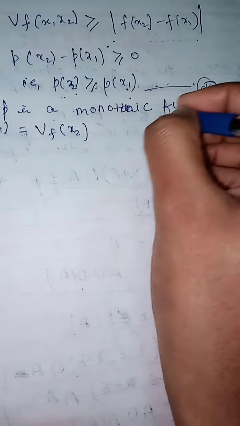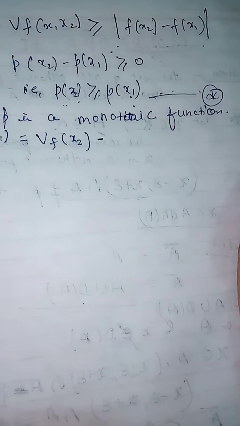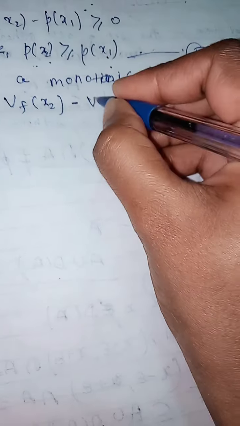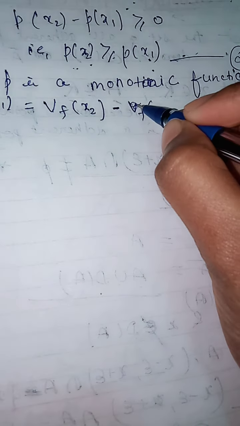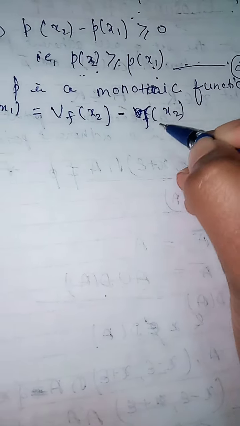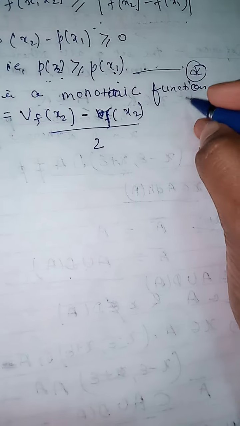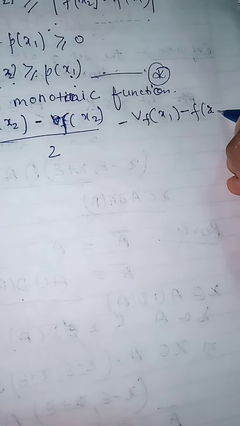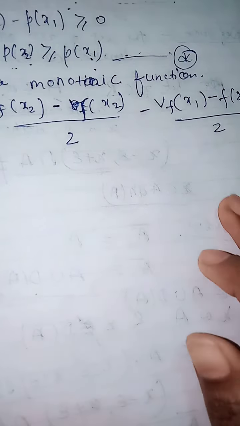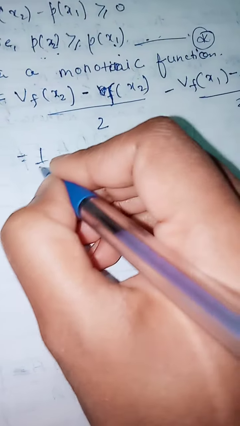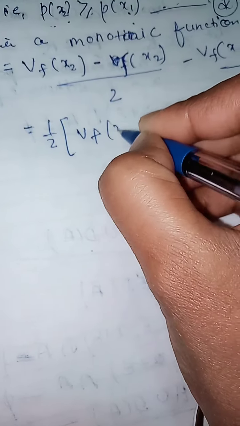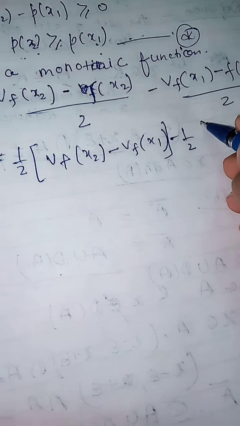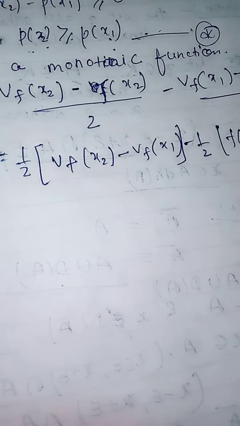In the same way, I take out the values of p(x) and q(x). We took the first value from p(x), and now we take it from q(x). So it is the variational function x2 minus the variational function, minus f(x2)/2, minus the variational function x1 minus f(x1)/2. Okay, we take 1/2 outside: the variational function x2 minus the variational function x1, minus half of f of x2 minus f of x1.